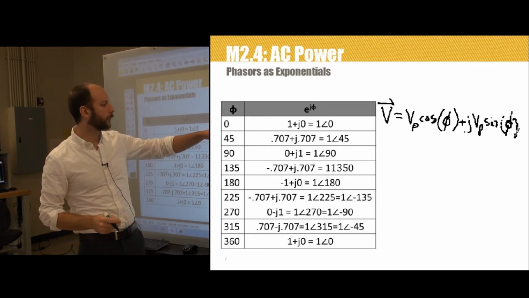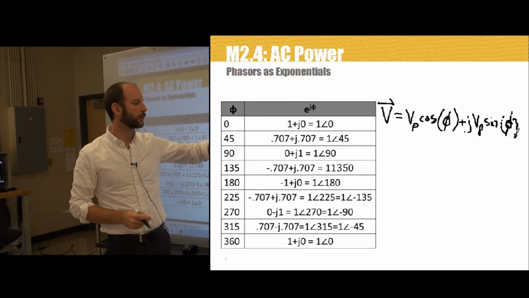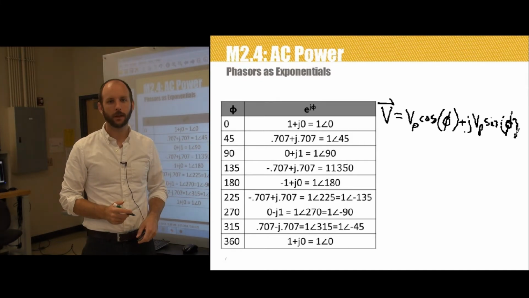So the phasor voltage can also be written as Vp cosine of phi plus j Vp sine of phi, right?